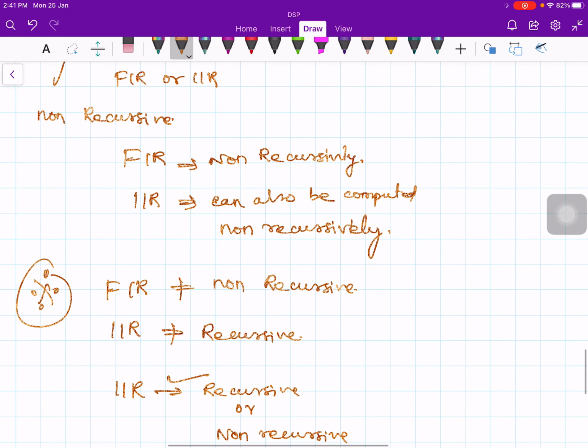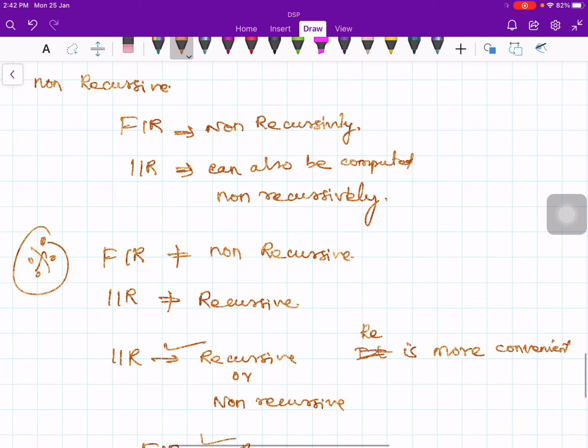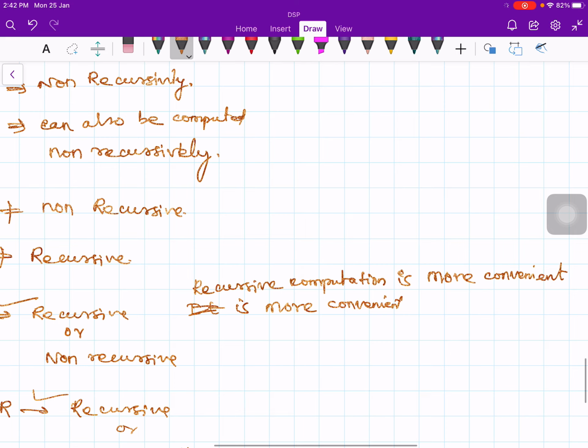Even though you are able to compute IIR non-recursively, recursive computation is more convenient in an IIR system.